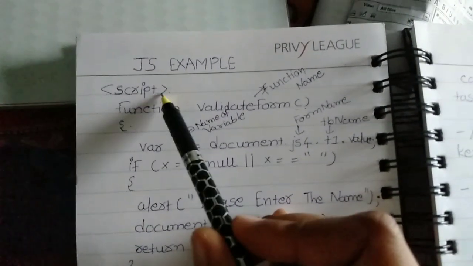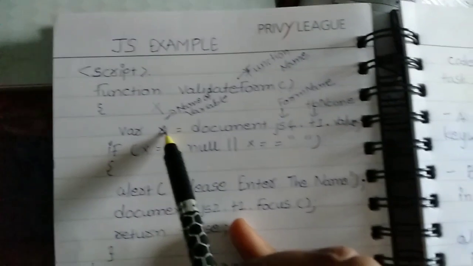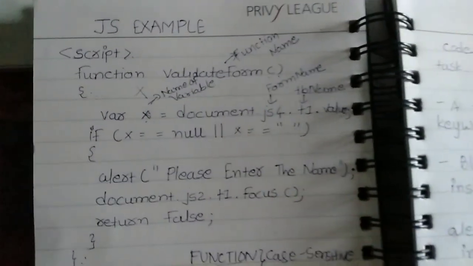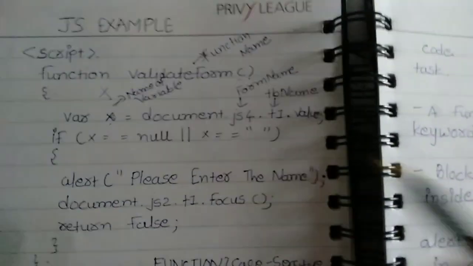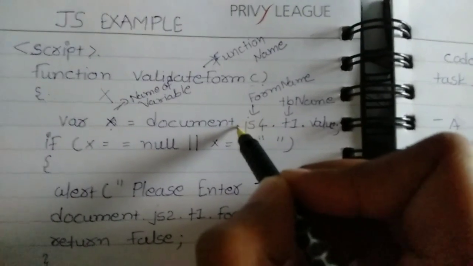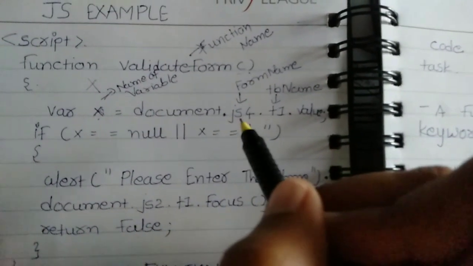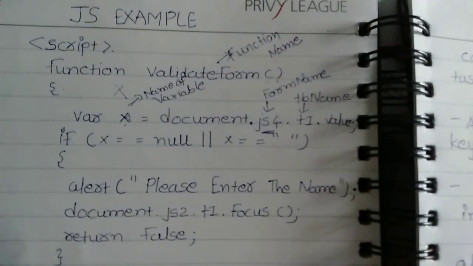So our code: script, function name, var x, var means variable, x equals to document. Document means your whole document, then dot. Can you see the dot? Compulsorily you have to write this code. Document dot js4. Js4 means your form name.